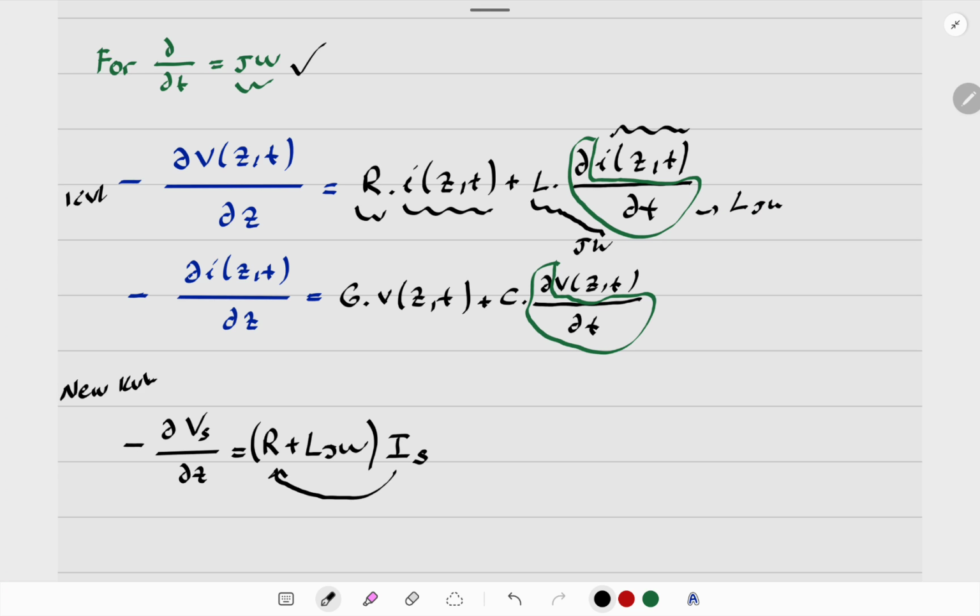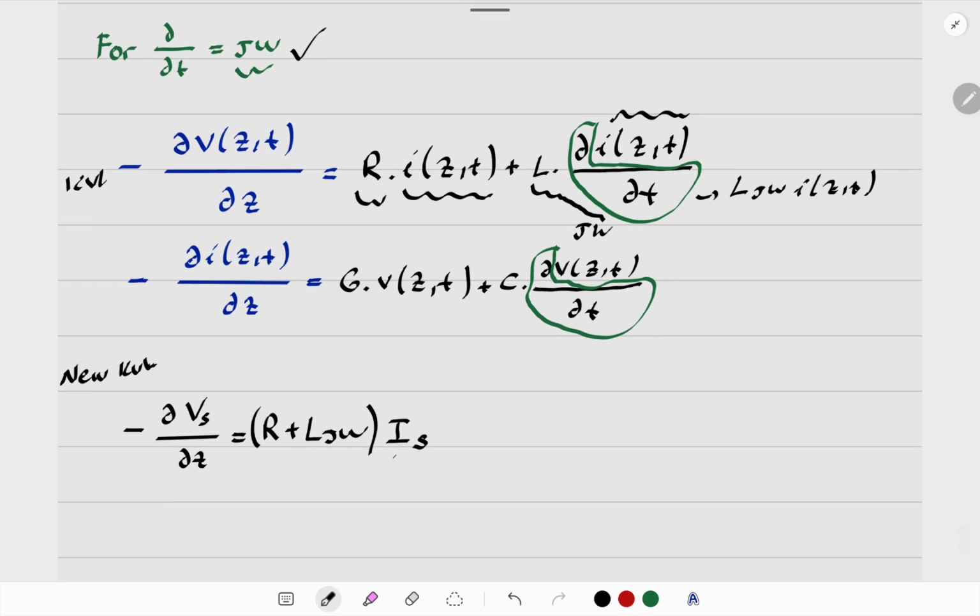You can also think of it like this as a pre-step for this particular problem. So L times j omega I(z, t), we have R times I(z, t). This I(z, t) and this I(z, t) are the same, so they are both in common. If we take the parentheses, they will rule the parentheses on the outside. All right, I hope it's clear.